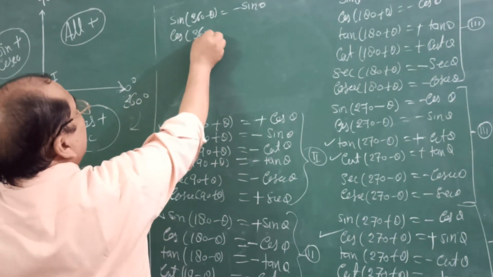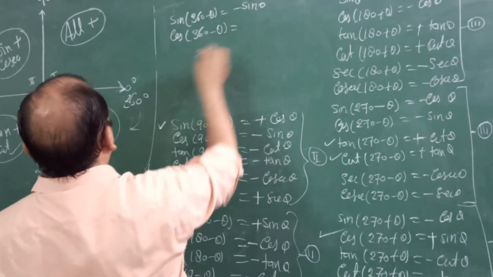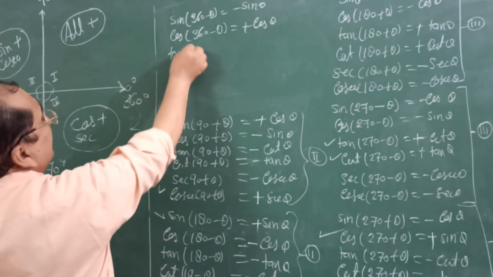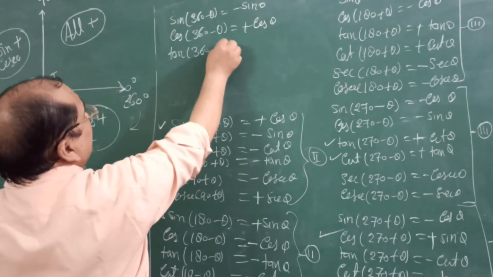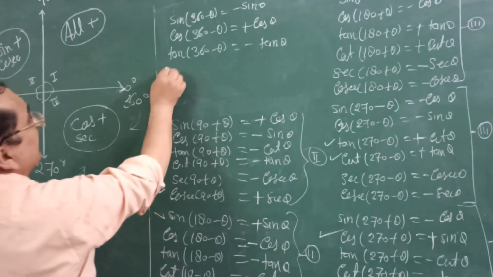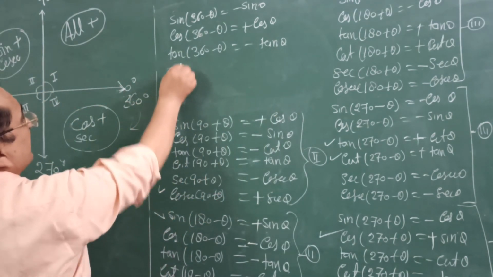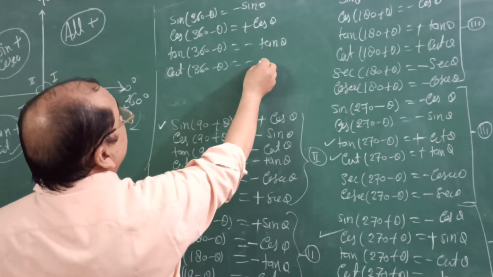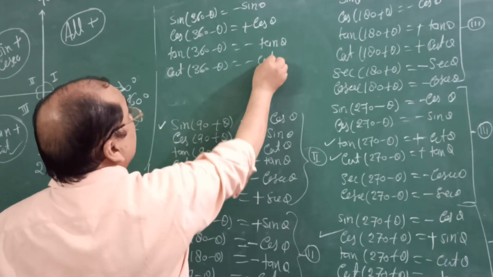Cos 360 minus theta equal to plus cos theta. Then tan 360 minus theta equal to minus tan theta. Cot 360 minus theta is minus cot theta.